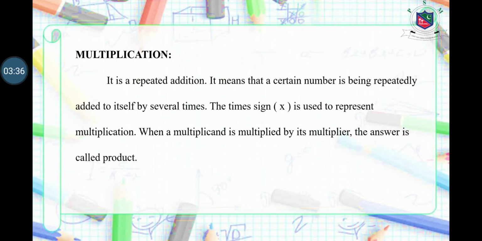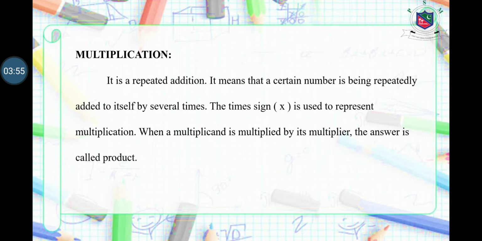Yes, so now come to the multiplication. The multiplication is the repeated addition. It means that a certain number is being repeatedly added to itself by several times, because multiplication is also called as repeated addition.